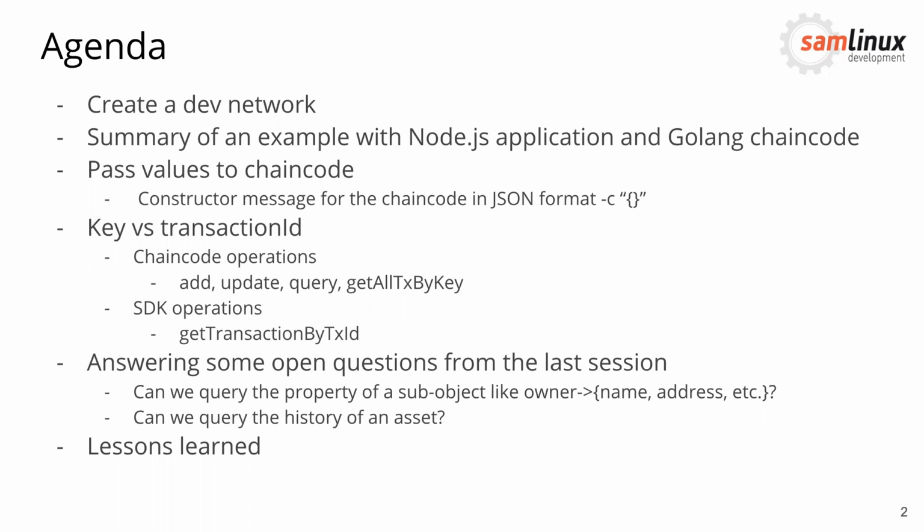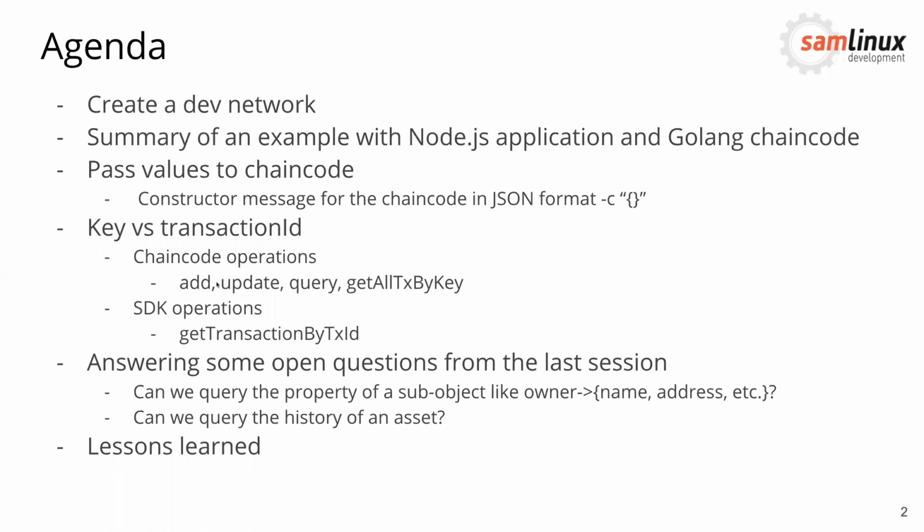Then I have extended the chaincode from the last session. In the last session, there were some questions, and I've integrated these questions in this chaincode so we can see how we can solve these problems.